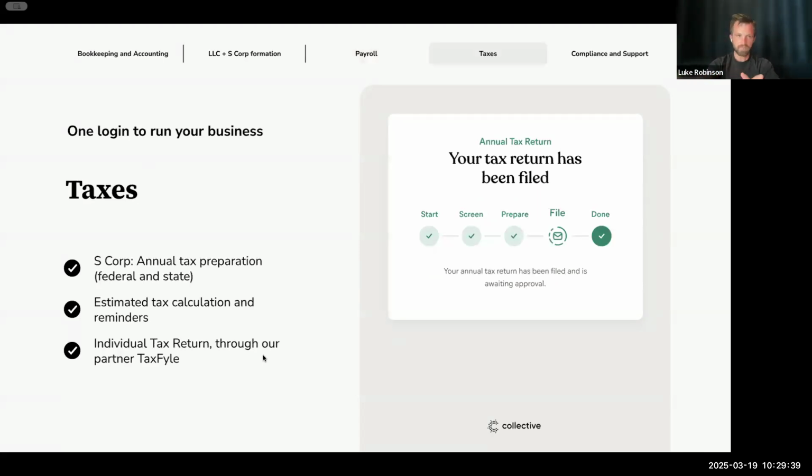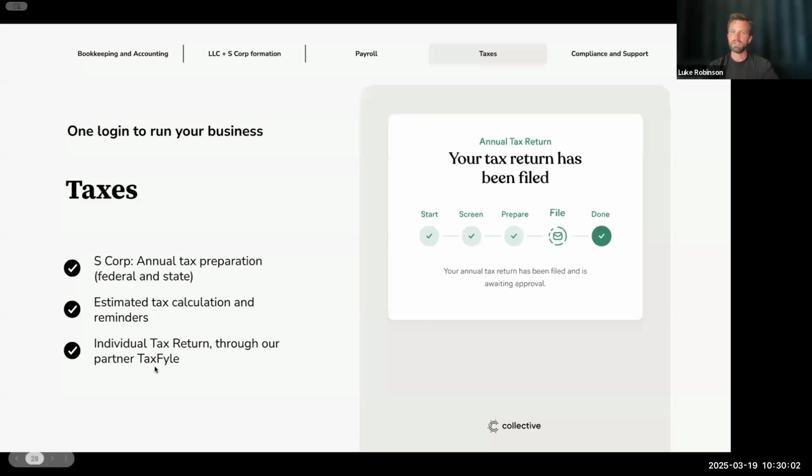And then, of course, we'll handle your taxes as well at the end of the year. For one, the S Corp return is included in the membership. That's just part of the Collective experience. We'll take care of that for you. If you'd like us to handle your individual return, that can happen right in your Collective dashboard. That's an extra fee, and that's powered by our partner TaxFile.